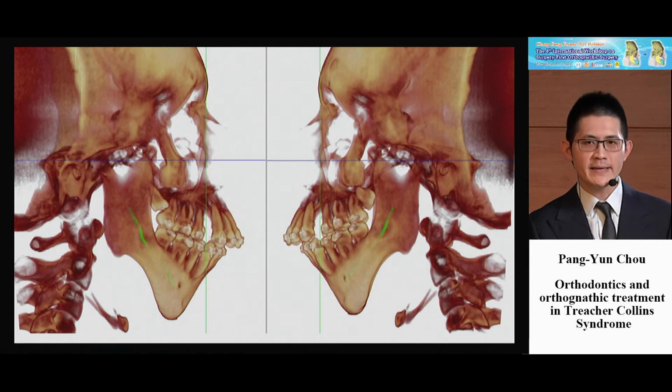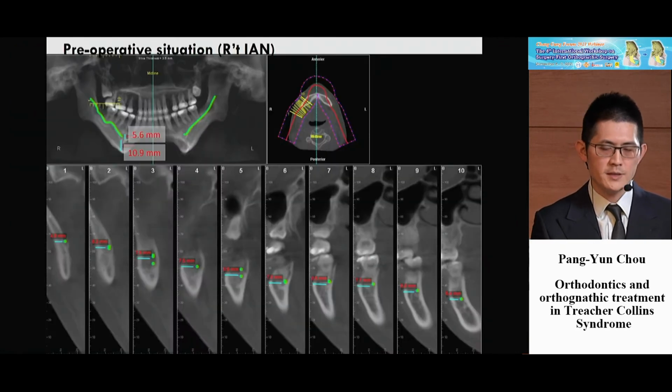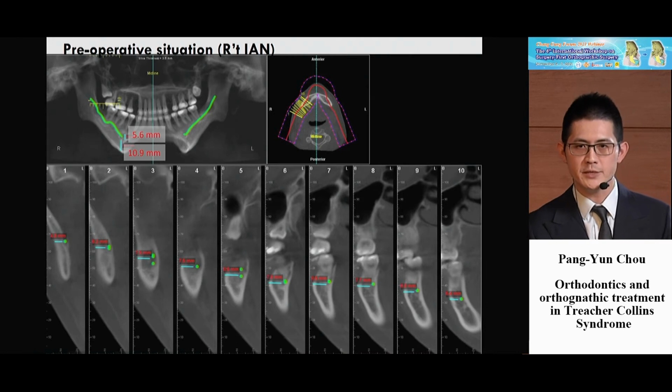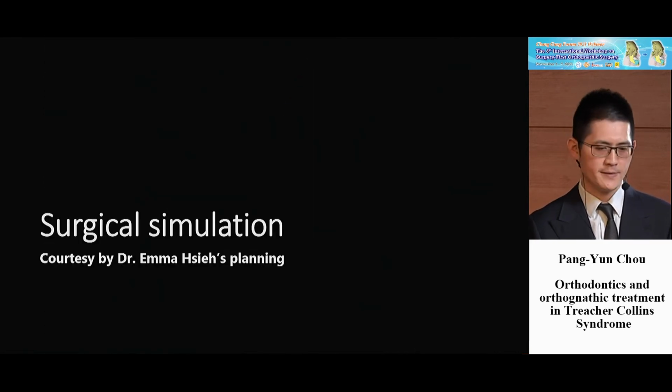So we can try our best to protect the soft tissue, especially the nerve. Otherwise, the patient will complain of lower chin and lip numbness. This is the combined CT to show the pathway of the nerve on the other side.